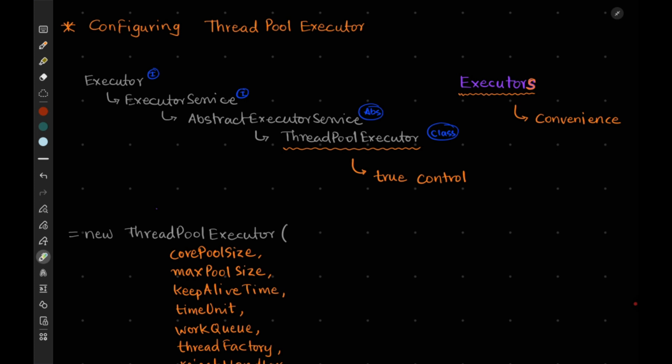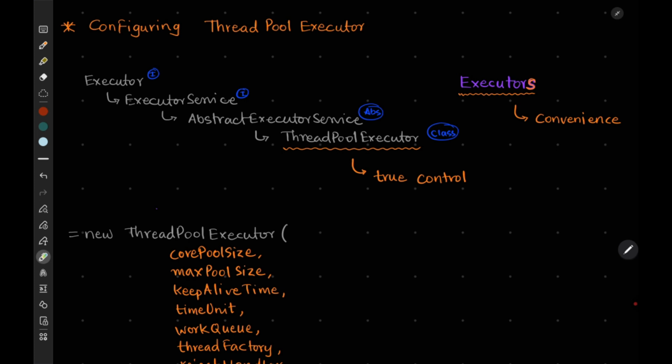Now we get to the heart of it, the ThreadPoolExecutor class. The Executors utility class gives you convenience, but the true control comes from instantiating ThreadPoolExecutor directly.